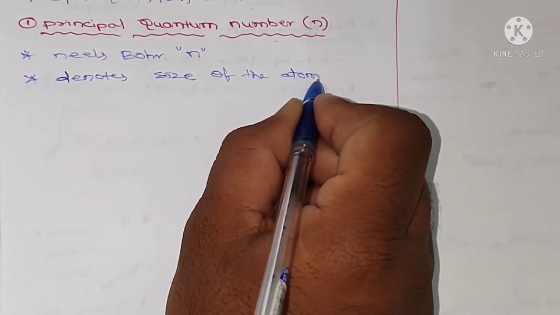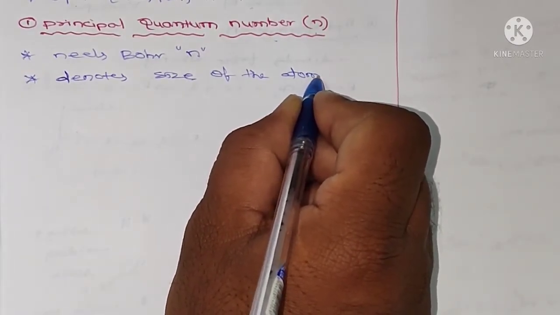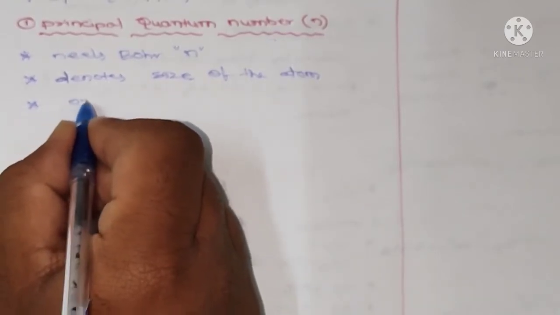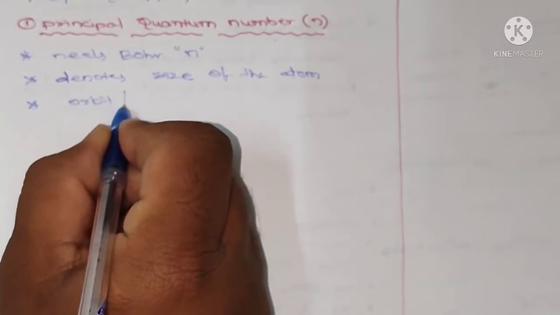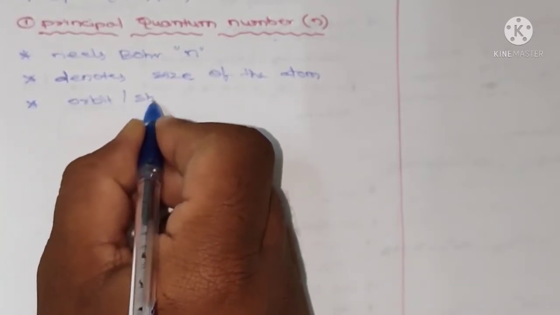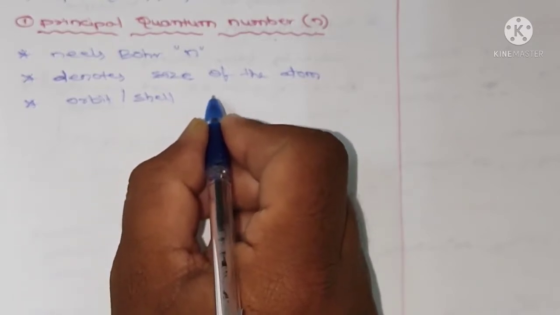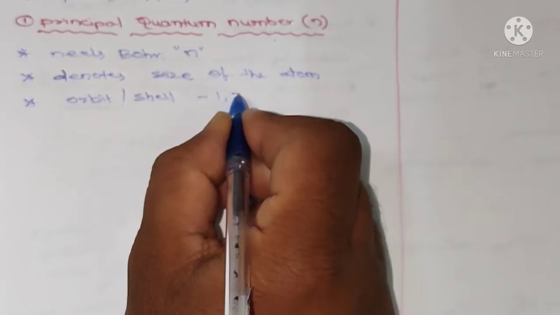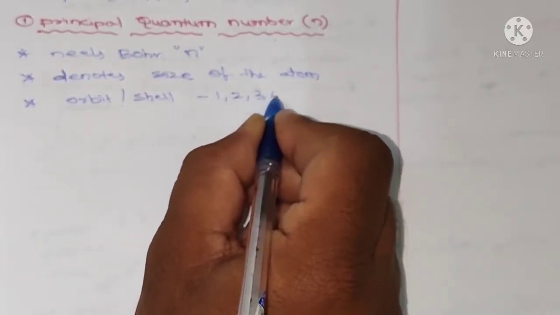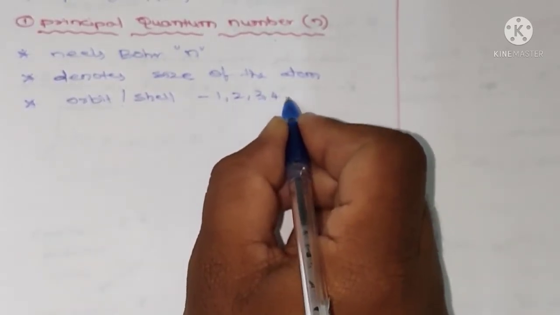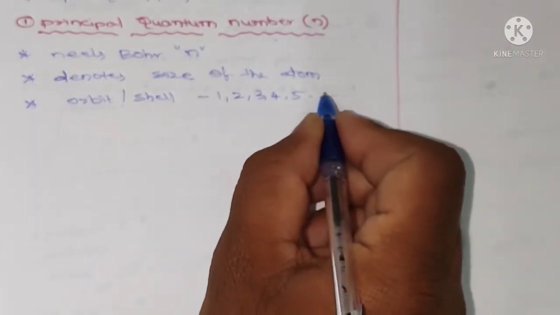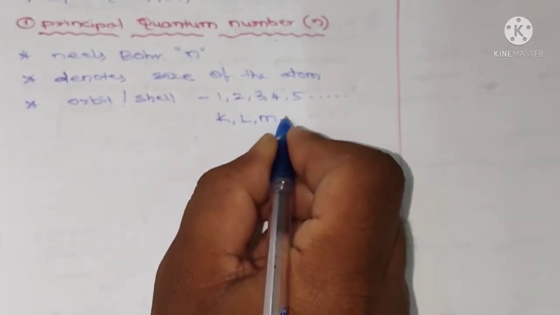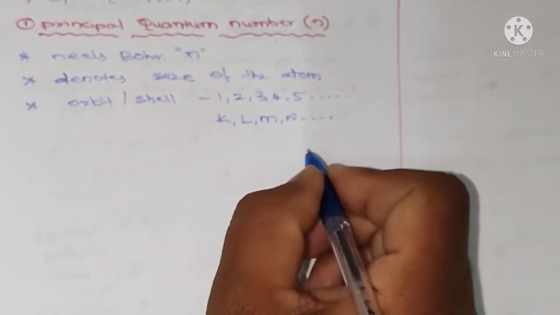It denotes the size of the atom, and it gives information about orbit or shell. The orbits or shells are 1, 2, 3, 4, 5 and so on, or K, L, M, N and so on.